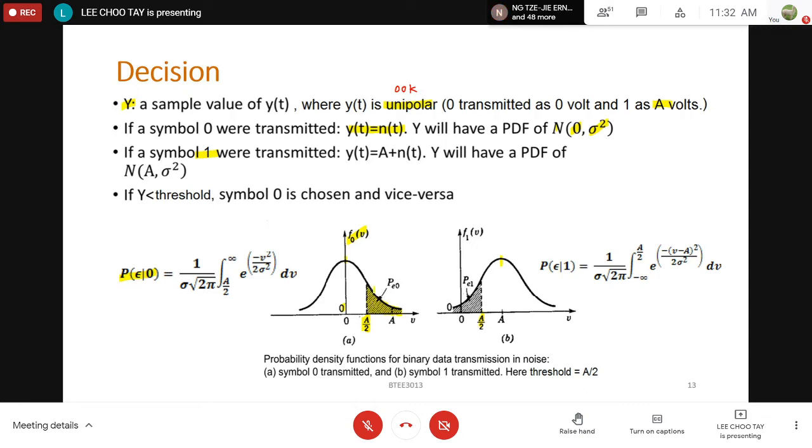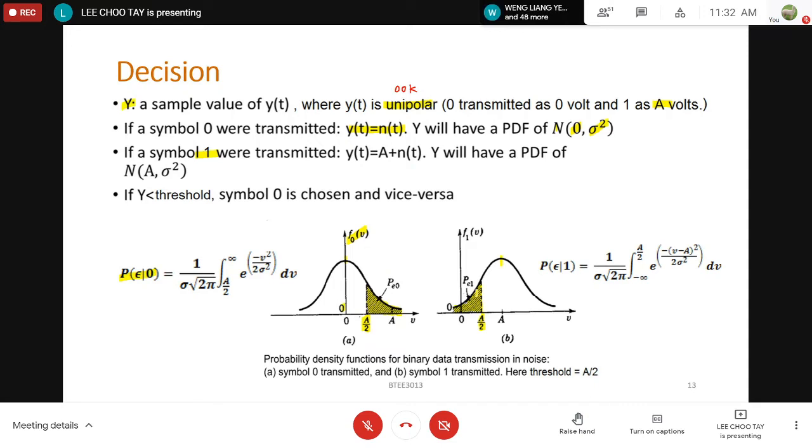And what about 1 being sent? With 1 being sent, and the decision threshold at A over 2, when the sampled value is less than A over 2, the receiver will make the wrong decision.